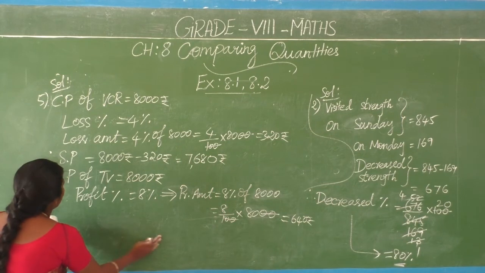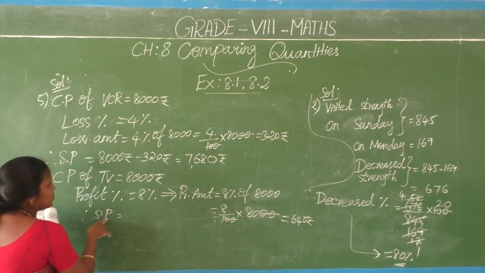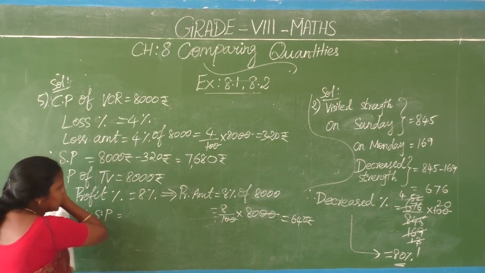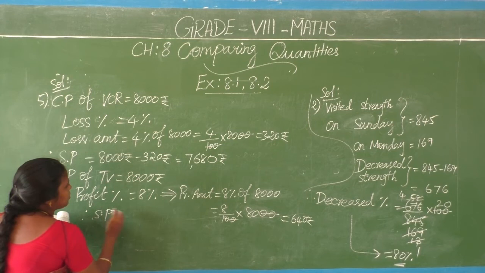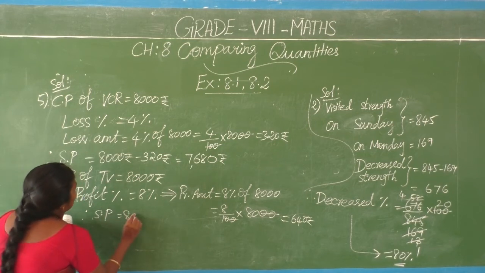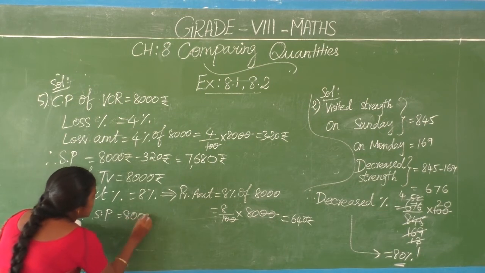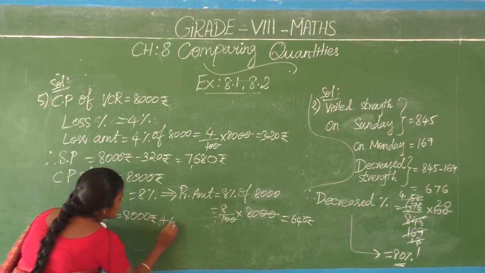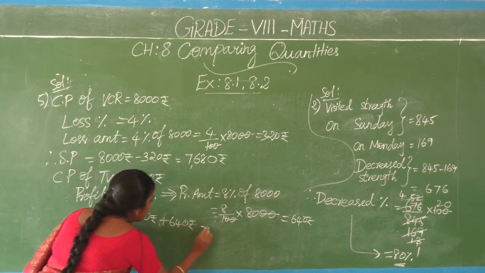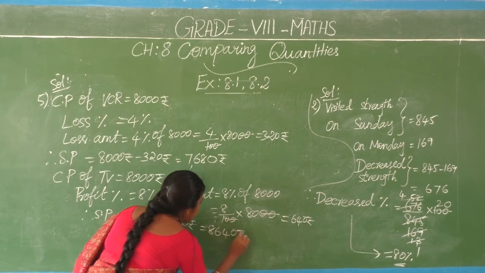So that means his SP, when will you get a profit? Your SP is greater than CP, so this is to be added. SP equals CP plus profit. So 8,000 rupees plus profit 640 rupees is equal to his SP, 8,640 rupees.